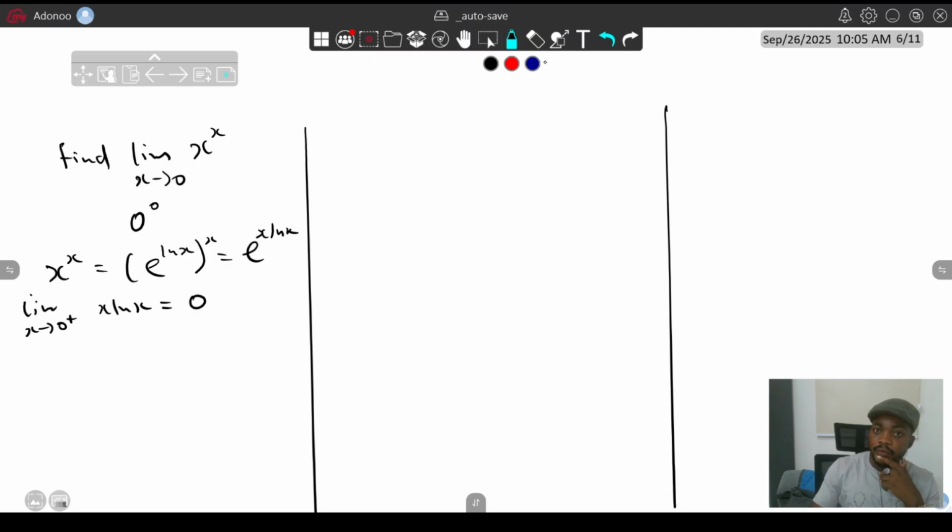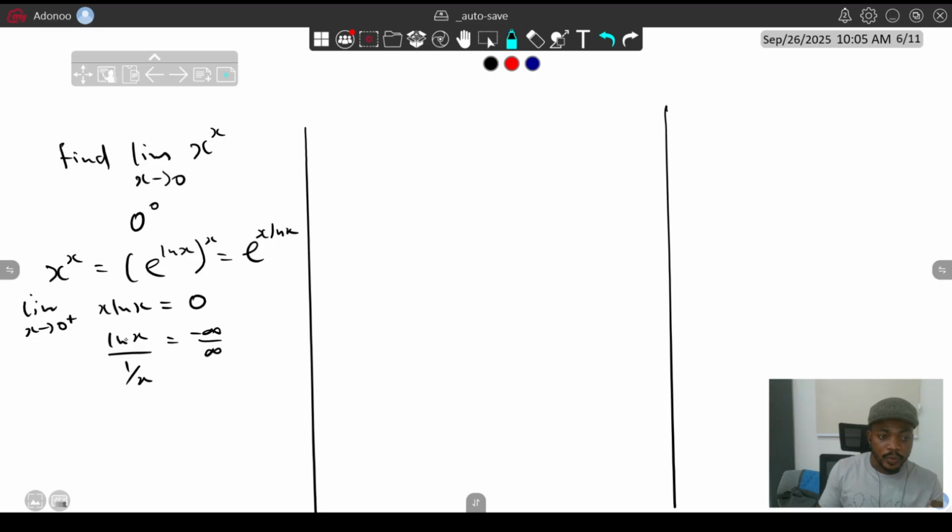But if you have forgotten, we can say that from here, ln x is this over 1 over x. Right? And this gives us what? Negative infinity over infinity, which suggested that we can apply L'Hopital's rule.